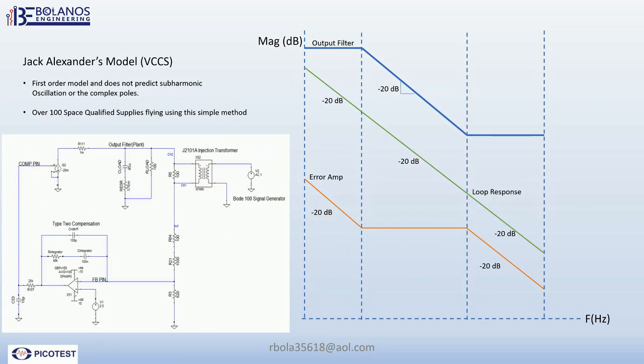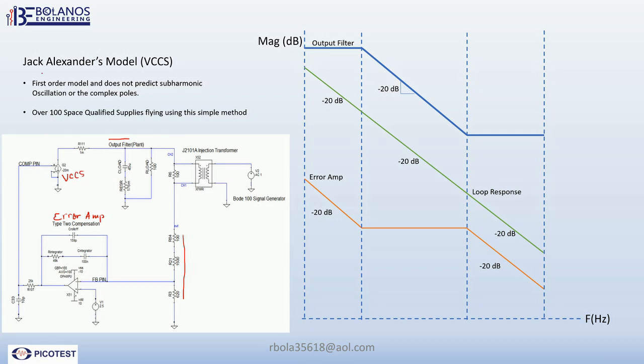Okay, so here we're going to put everything together. Here I show my output filter, then my sampling resistors, and then my error amp. To complete the loop, I'm using a voltage controlled current source.